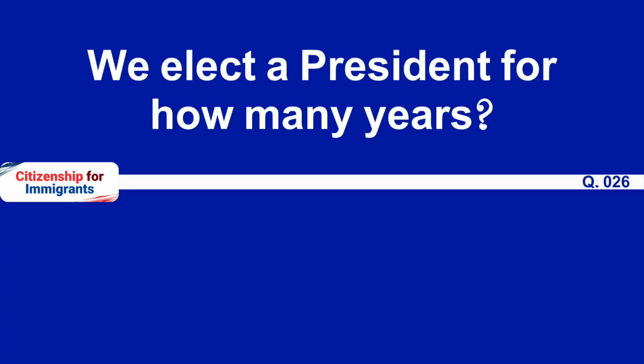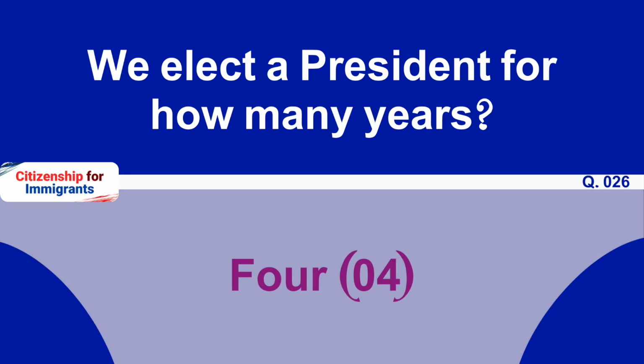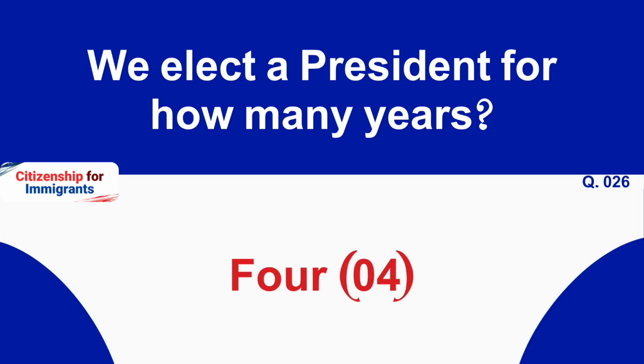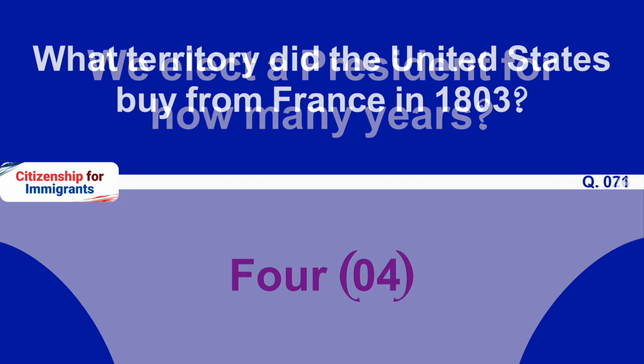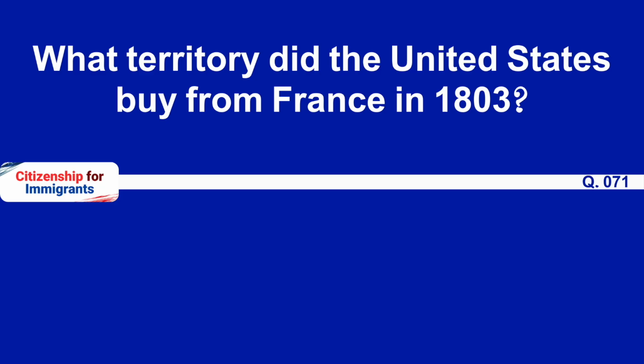We elect a president for how many years? Four. What territory did the United States buy from France in 1803?